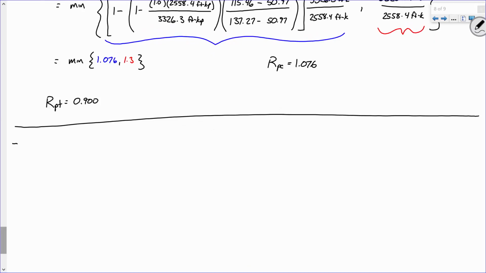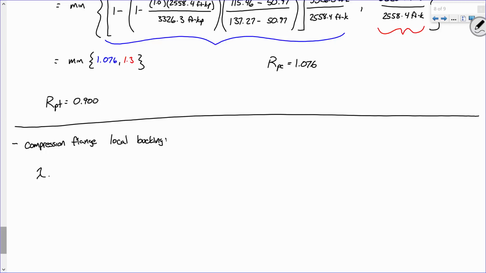Okay. So we've got two capacities that we've got to assess. The first one is compression flange capacity in local buckling. So what I want to do is pull three numbers, okay?